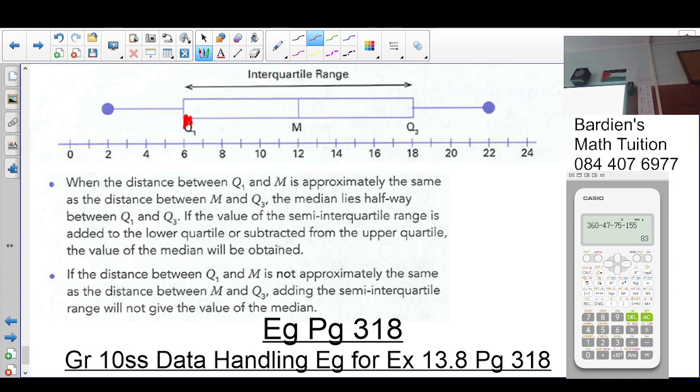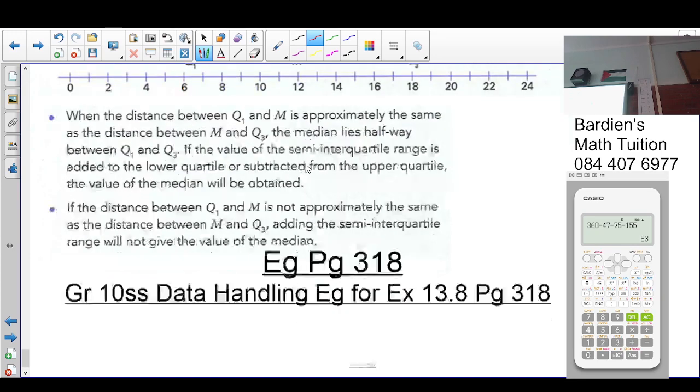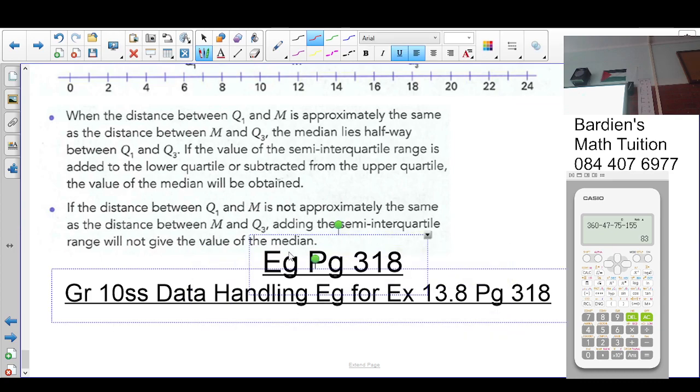So basically what they are telling you is the data is lopsided, or one end is bigger than the other. This is what I'm gathering from here. Then we are told that it will not give the value of your median. Okay, so as I said, it's lopsided on one side as opposed to the other.